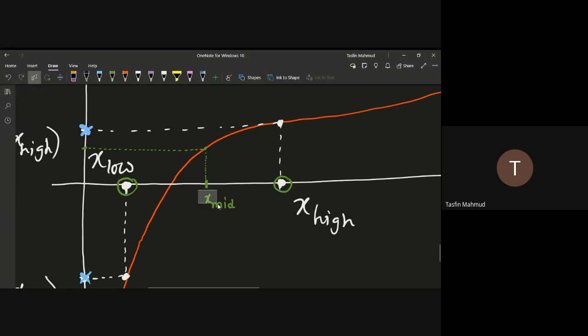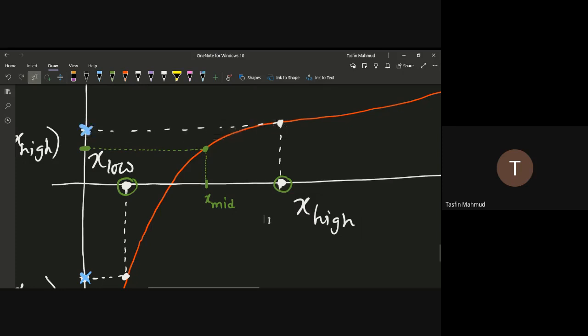First, we will determine the midpoint, and determining the midpoint is pretty easy. We will add x low and x high and divide by 2. So we will get this x midpoint. This is the first step. Then we will calculate the function value at this x midpoint. The function value is positive, right? So we will check for which of x low or x high the function value was positive, and we can see for x high the function value was positive previously.